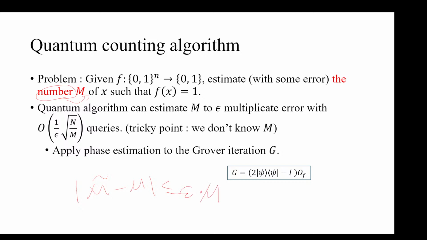That's what we mean by multiplicative error. Error is epsilon multiplying on your n value. Epsilon multiplicative error.